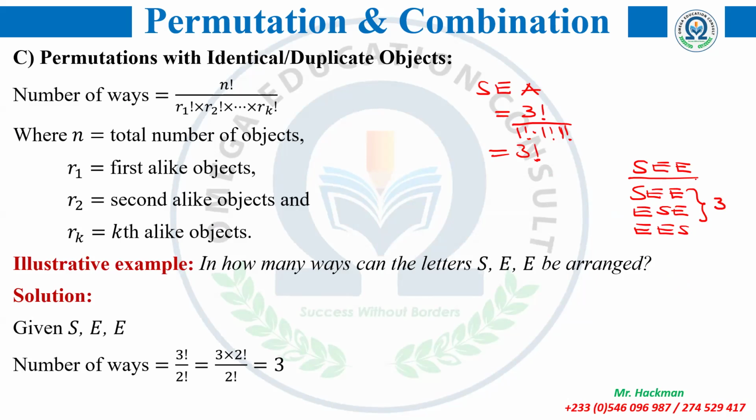With this one, if you had gone by your usual approach, assuming you didn't know the formula, you would go for the distinct one. That will give you 3 factorial, which will rather give you 6, which is not 3. So obviously this should tell you that there should be a denominator. And the denominator will be the number of duplicate objects here, factorial.